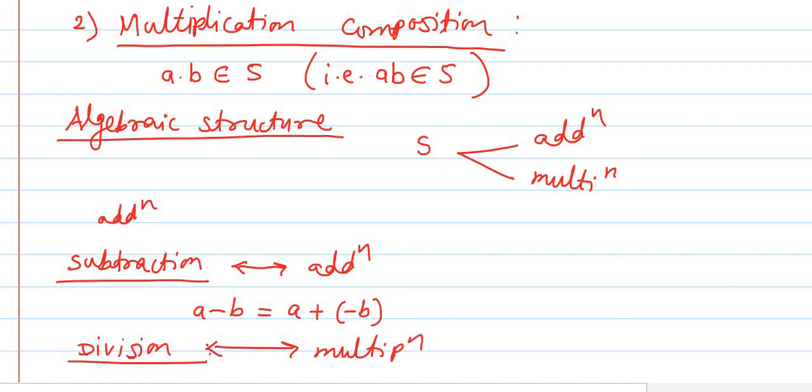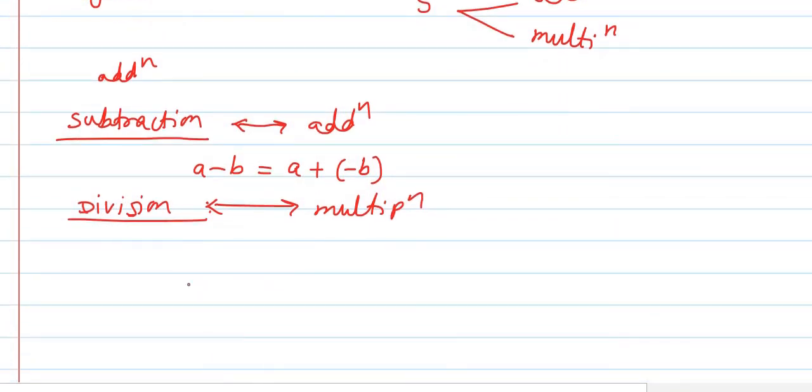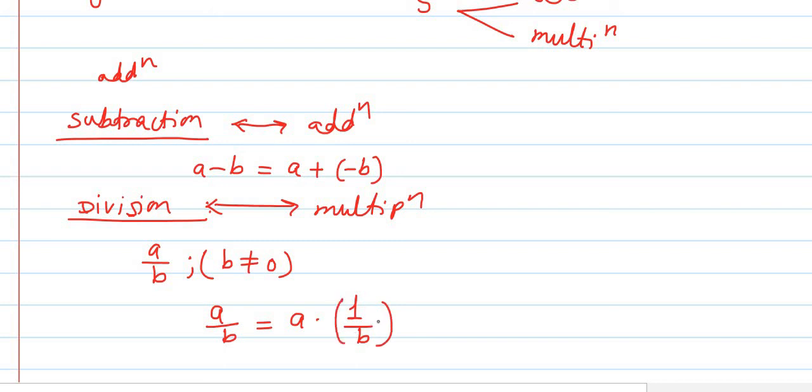If we have A by B, where obviously B is not equal to 0, then A by B can be written as A into 1 upon B, or this can also be written as A into B inverse. In this way we have the addition and multiplication compositions on a set.